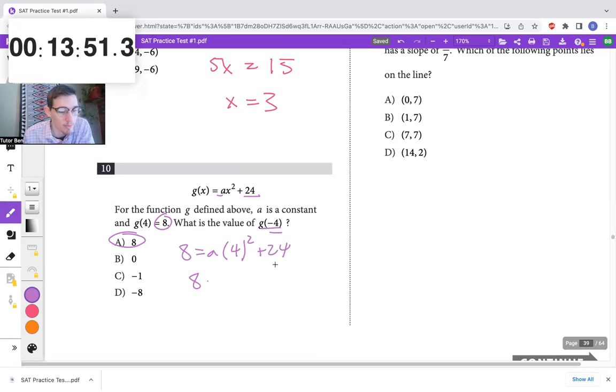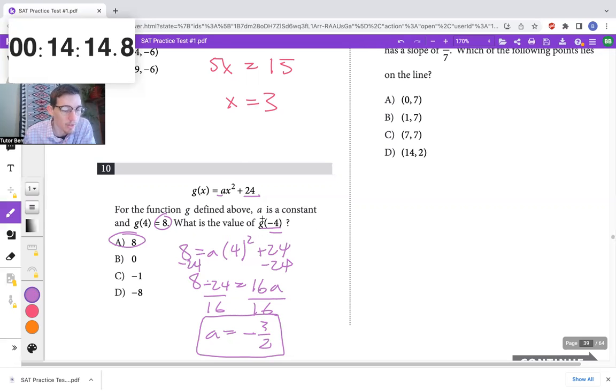So 8, I'm going to subtract the 24. 8 minus 24 equals 16a. We can divide by 16, divide by 16. This is what a is equal to. So let's just simplify that. What is it? 3/2. So now you have the a value. You can plug this in for a, and then also plug in -4 and see what you get out. So that would be the alternative method.